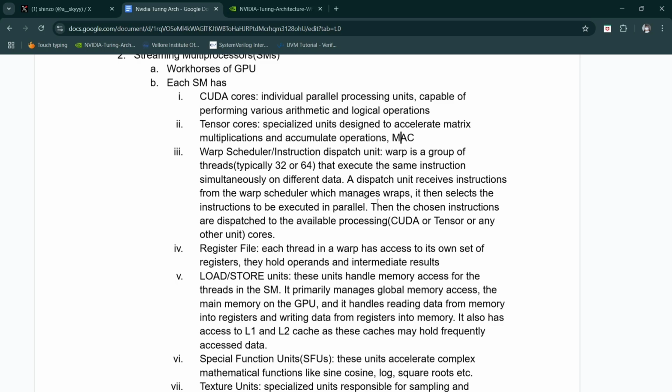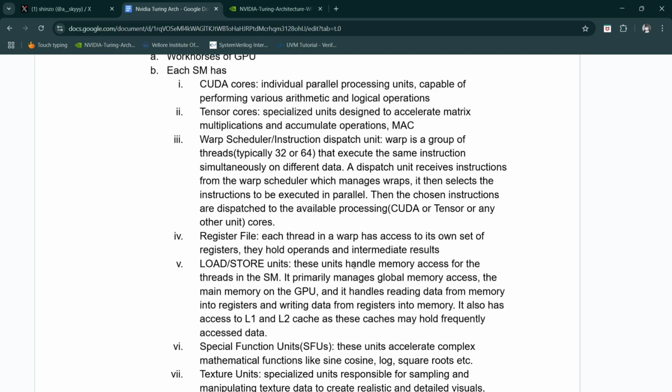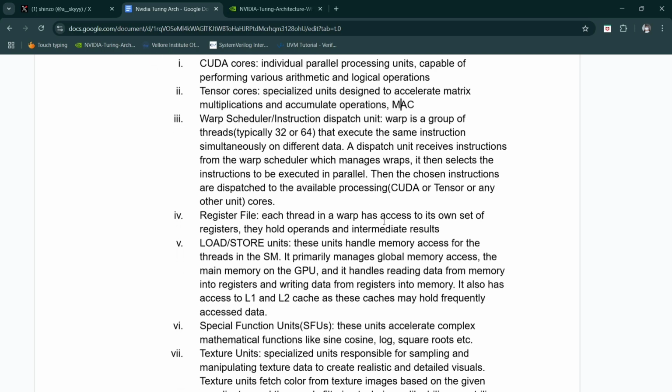So if the decoded opcode is, let's say, FADD, which is floating point addition, it will activate the processing block. Inside this processing block, it will activate the lanes of floating point operation, the floating point core, and then the chosen instructions are dispatched to the available processing cores.